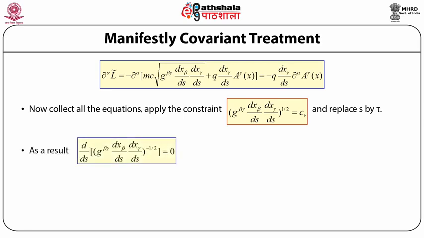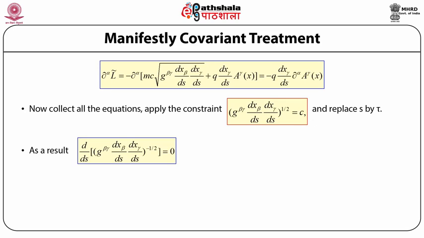As a result, we have d/ds of g_βγ (dx^β/ds)(dx^γ/ds) raised to power minus half equals 0, or g_βγ (dx^β/ds)(dx^γ/ds) whole raised to power minus half equals 1/c.